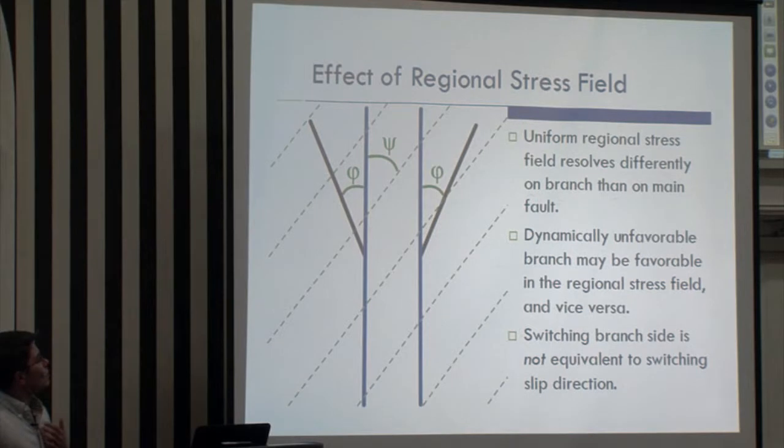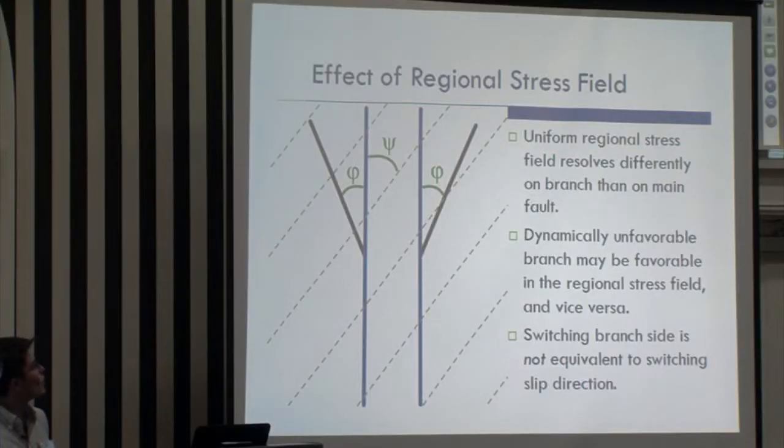And so you get the problem of not only what is dynamically favorable or unfavorable based on the clamping, but what is statically favorable within that stress field. So something that might be dynamically clamped together with a lot of additional normal stress just from the direction of slip might ultimately in the regional stress field still be an extremely favorably oriented fault section.